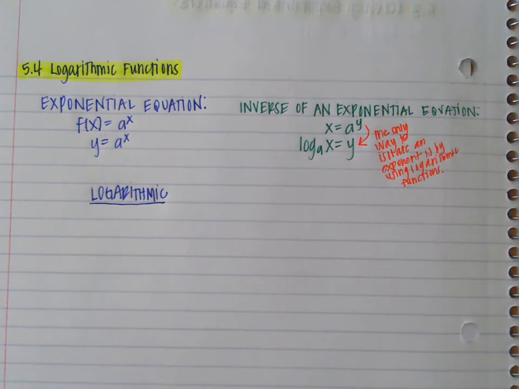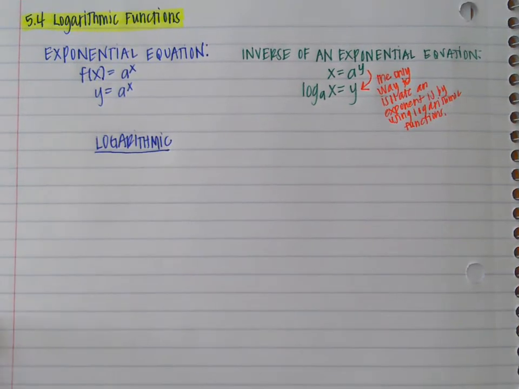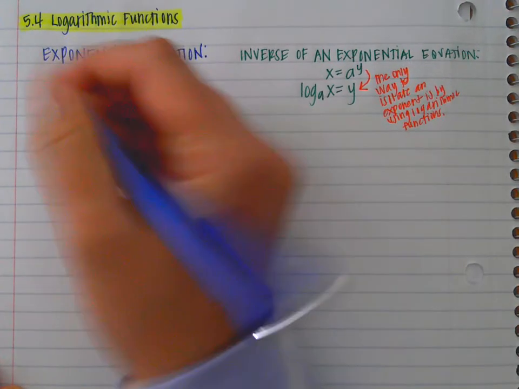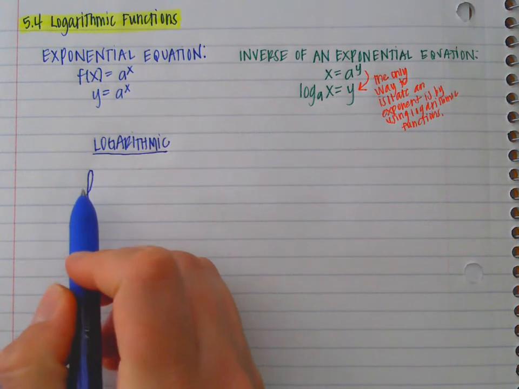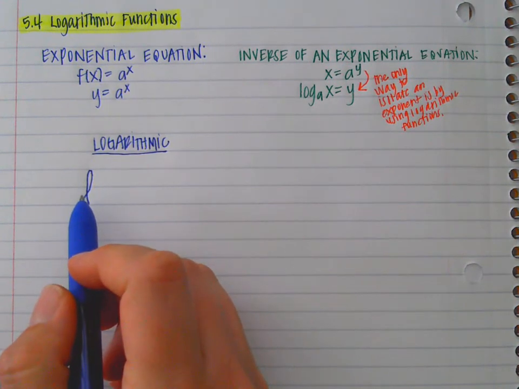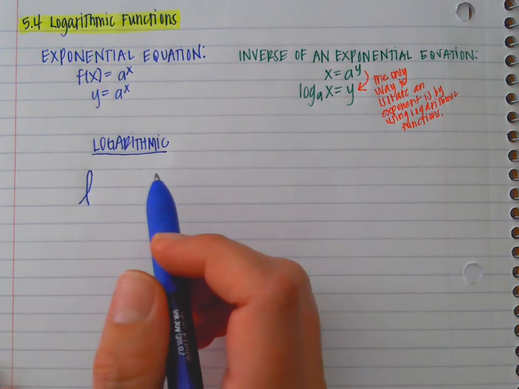Okay, so the logarithmic equation, if I have log, I'm going to write this kind of big, and just ignore, I often will do cursive L's sometimes when I'm trying to write it fast.